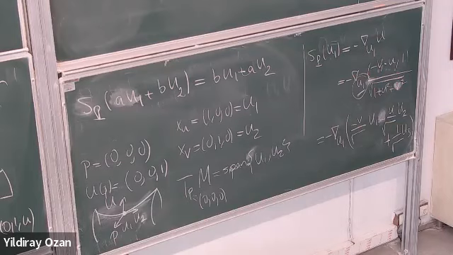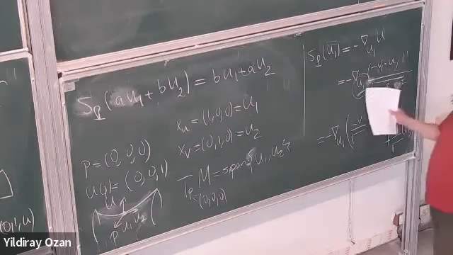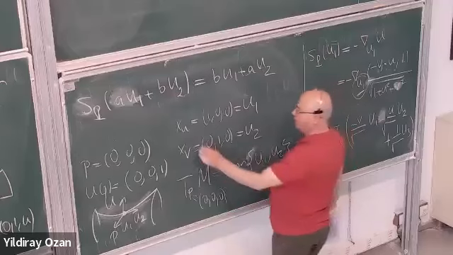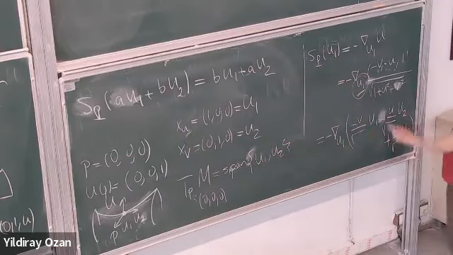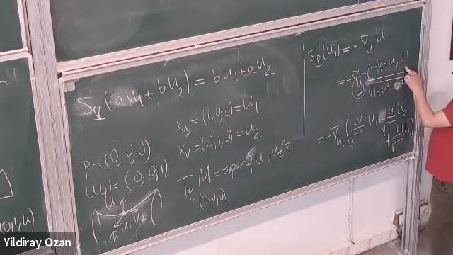And I guess U1 will correspond to taking the derivative along the U direction. So when you take the derivative of this along U, you will get 0, but here you will get -1.